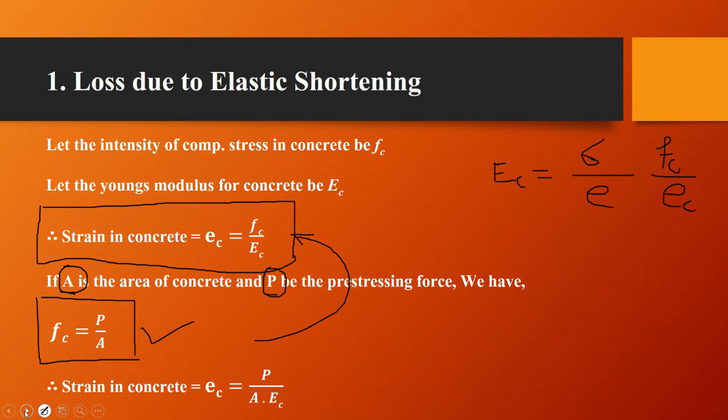As I told you, we have to calculate by how much amount the steel is going to compress or contract. So as we have calculated this strain, what does strain mean?